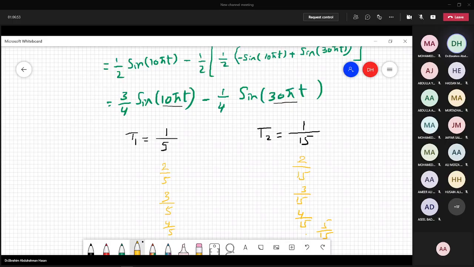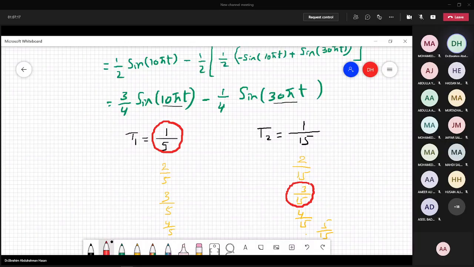Okay, how to find the common period? The common period is the minimum common between the two. What is the minimum common? Notice this one is 1 over 5, and here it is 3 over 15. So this is common.